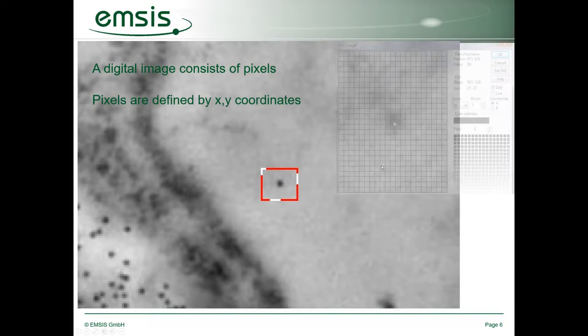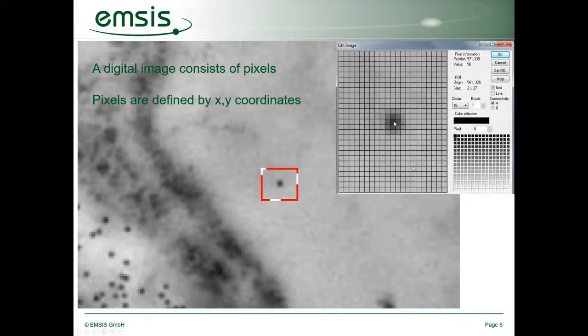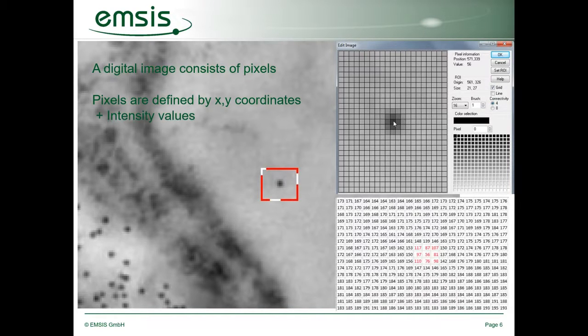And these pixels are defined by the XY coordinates and by an intensity value. So it's nothing more than that. Very simple image. The XY coordinates you can see here in the tool, and we see a corresponding intensity value. So basically for the software itself, the image looks like this one here, right?